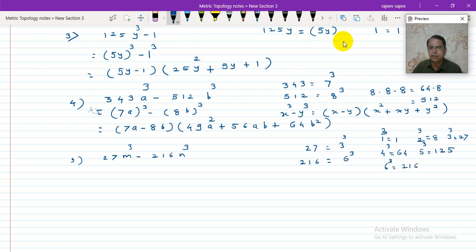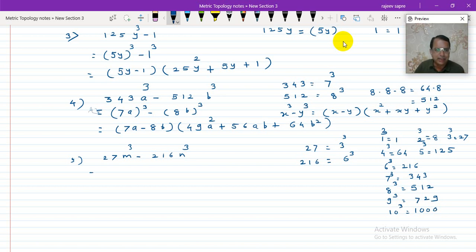What is 7 cube? 7 cube is 343, 8 cube is 512, 9 cube is 729, and you know 10 cube is 1000. Either you should learn this by heart, or you should be able to develop it whenever needed.